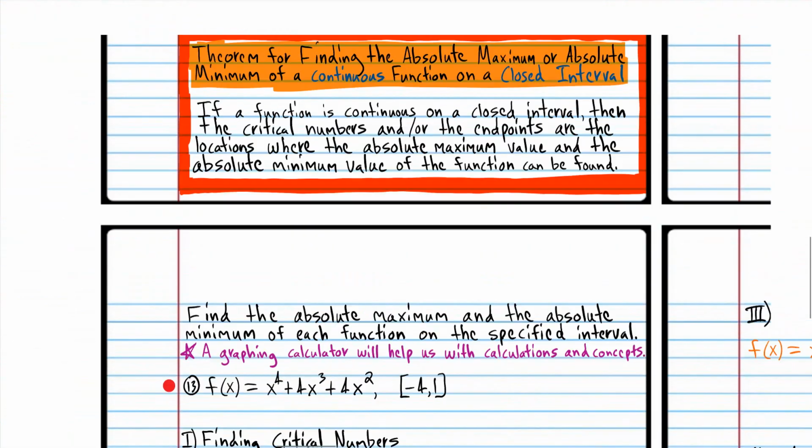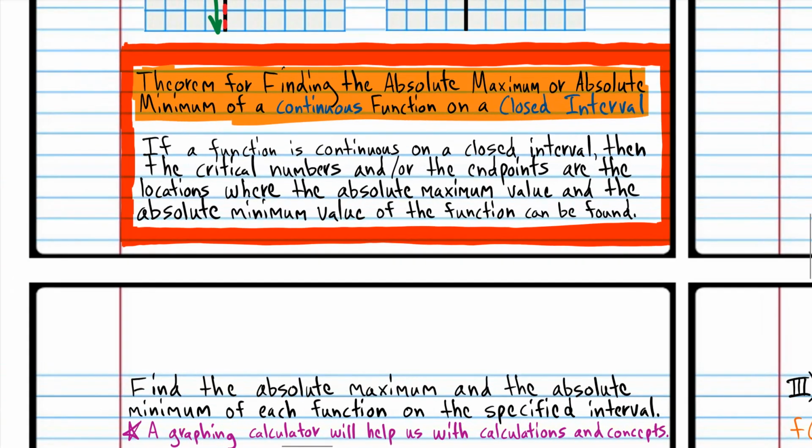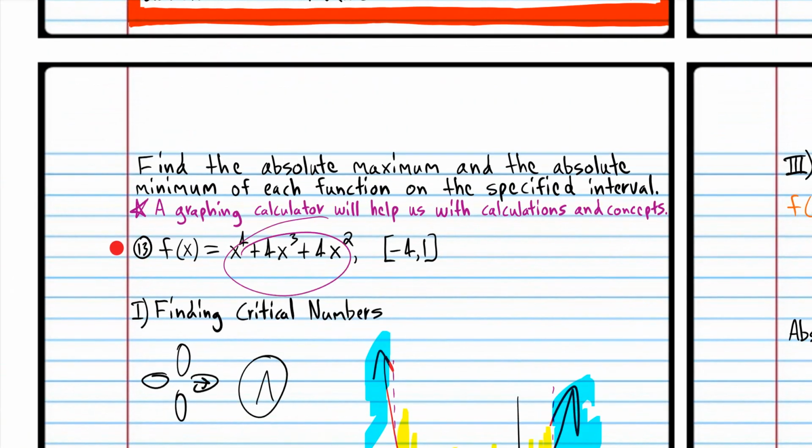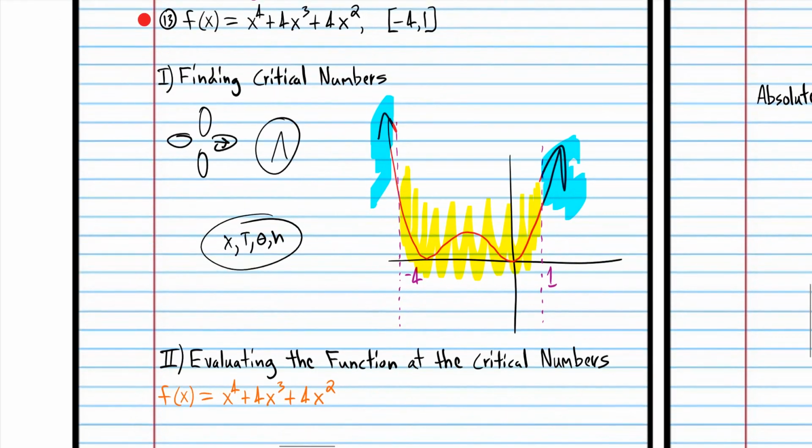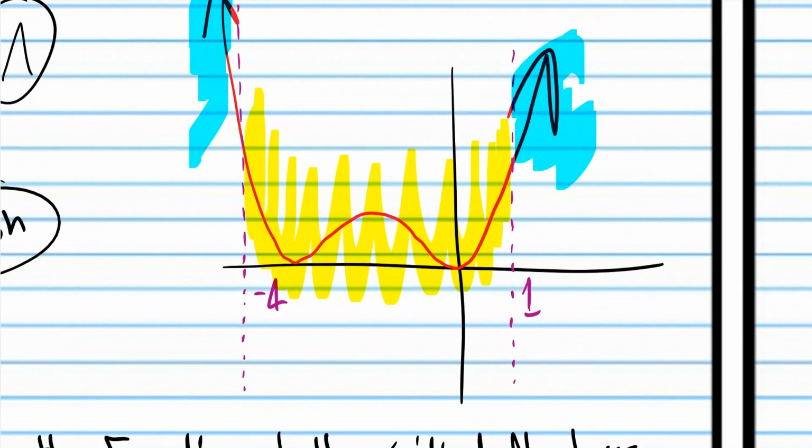Now, this theorem up here tells us that if we have a continuous function on a closed interval, meaning brackets, and this is continuous because we don't have any fractions with variables in the denominator or logarithms or square roots. If we have a continuous function on a closed interval, then the points that are the possible candidates that we're interested in are the endpoints and the points that correspond to what we call the critical numbers.